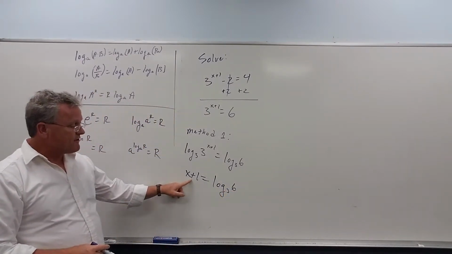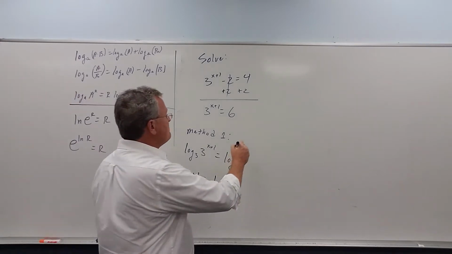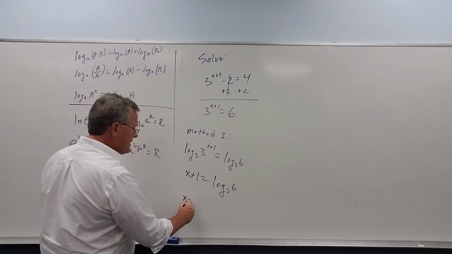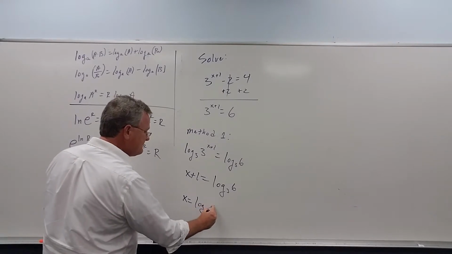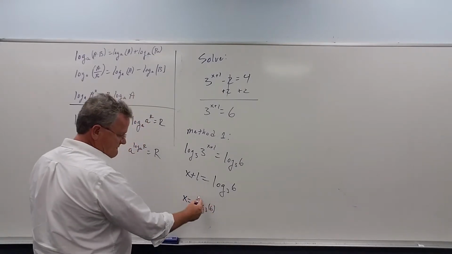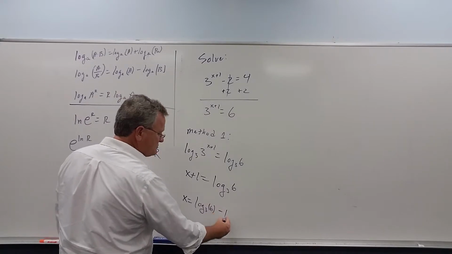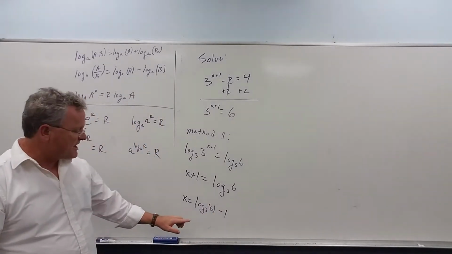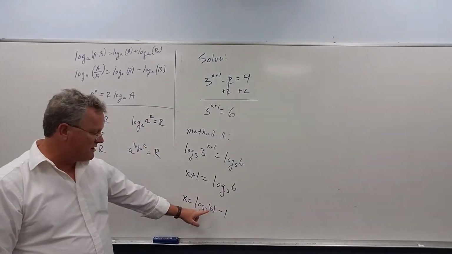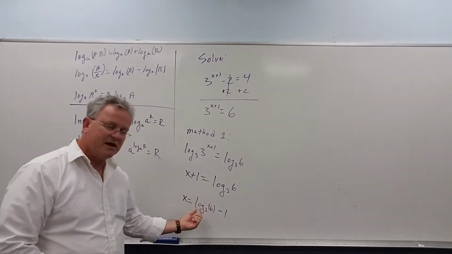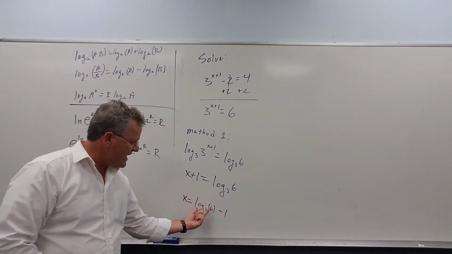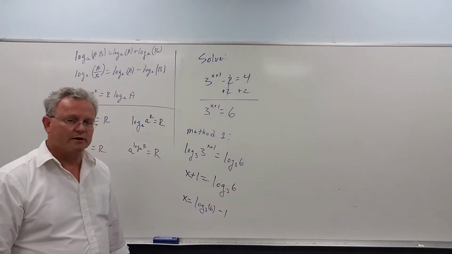And to solve for x, we just subtract 1 from both sides, and we get x is equal to the log base 3 of 6, and then from this result, we subtract 1. Just understand this does not equal the log base 3 of 5. This is the log base 3 of 6. Whatever that is, we then subtract 1.